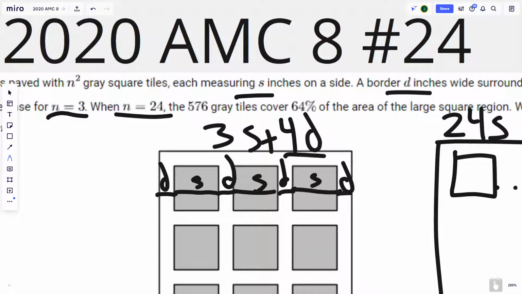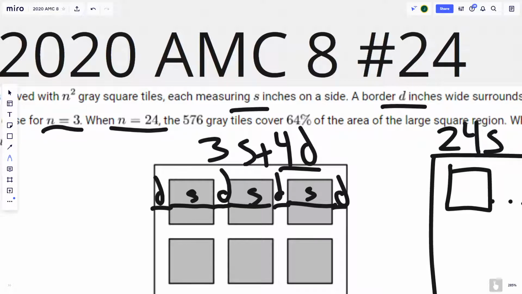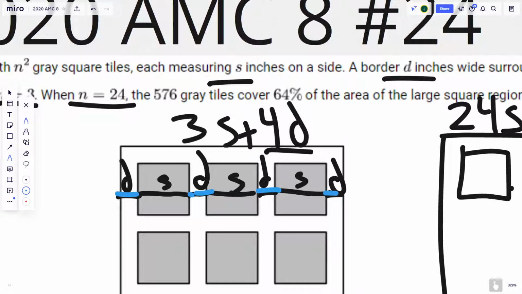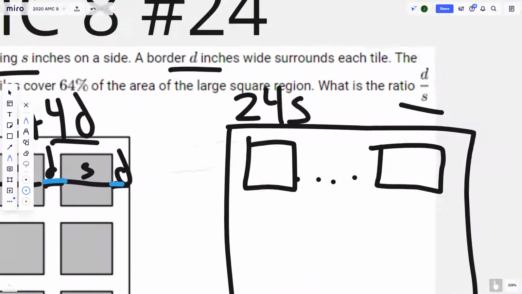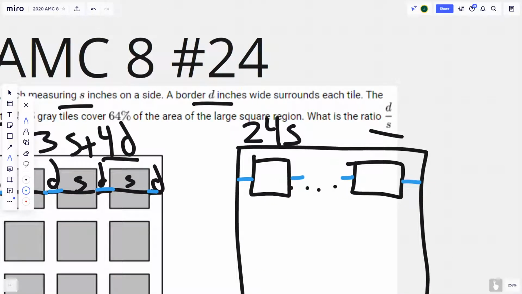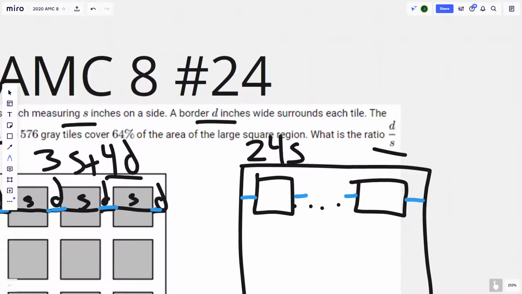But we can see that this is actually the pattern for n equals 24 as well, because for each gray square, there's a gap or border to its left, and for the last square, there's also a border to its right. So for n equals 24, the side length of the large square would be 24s plus 25d.